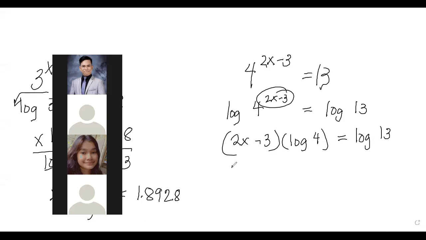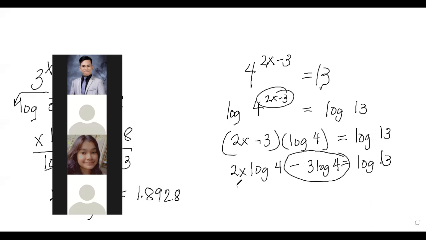Simplify further. Multiply natin, 2x log 4 minus 3 log 4 equals log 13. Lipat sa kabila, wala kasing x. So magiging 2x log 4 equals log 13 plus 3 log 4.